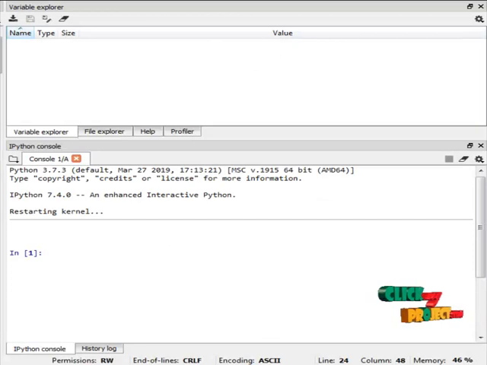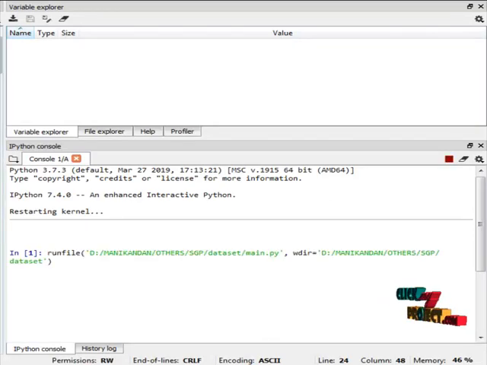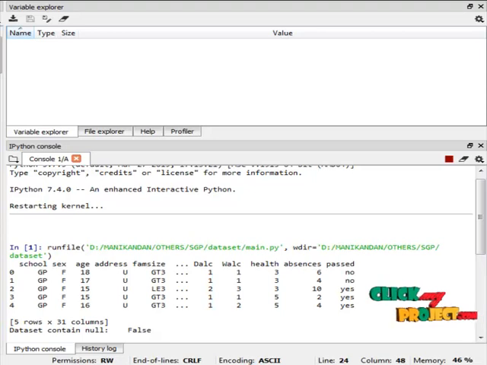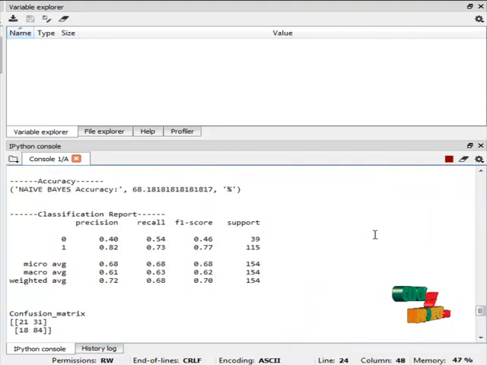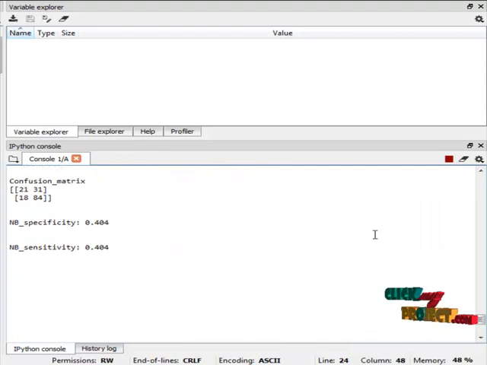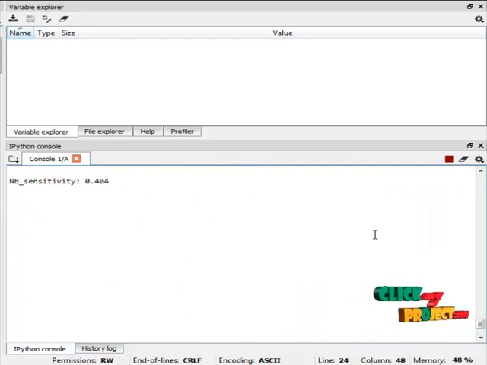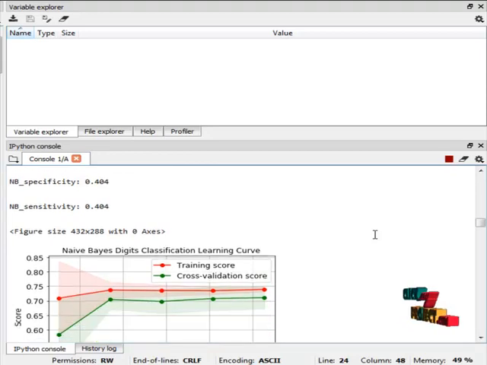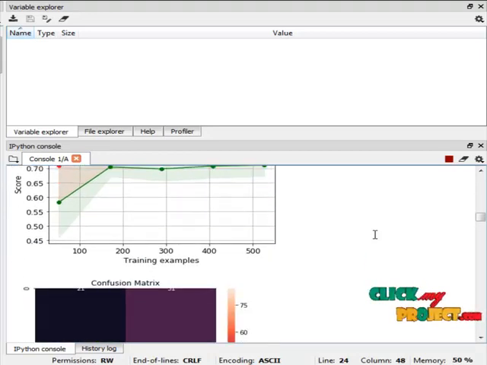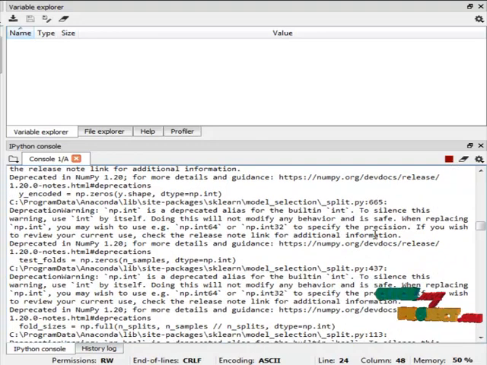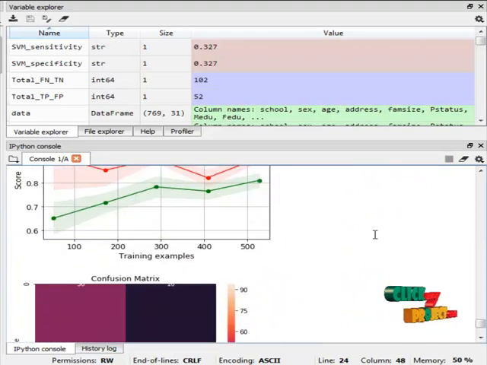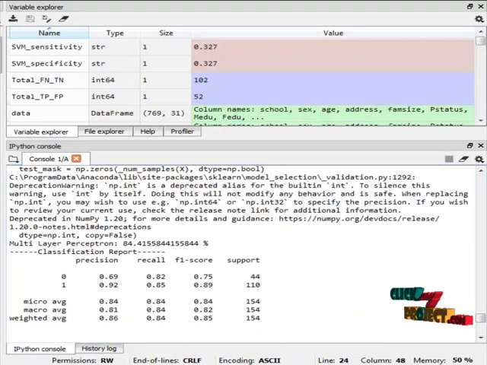I am going to run my project in Anaconda Navigator Spyder IDE. The program was running successfully.